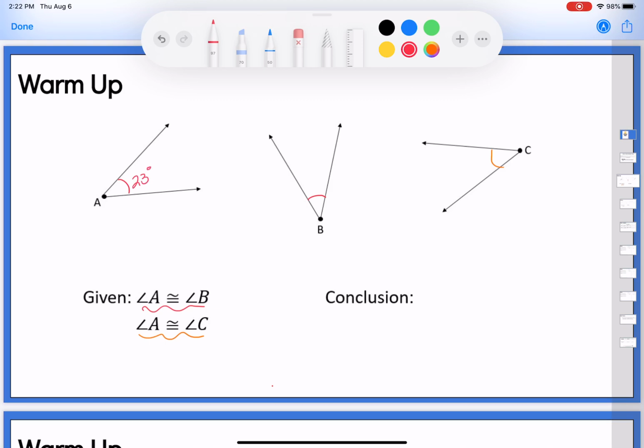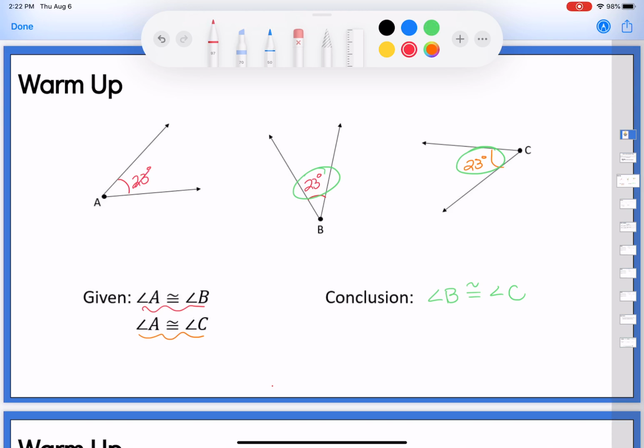Well, if angle A is 23 degrees, then angle B would also have to be 23 degrees, right? But if A is congruent to C, then angle C would also be 23 degrees. So that means that these two have the same measure, right? So angle B would have to be congruent to angle C.